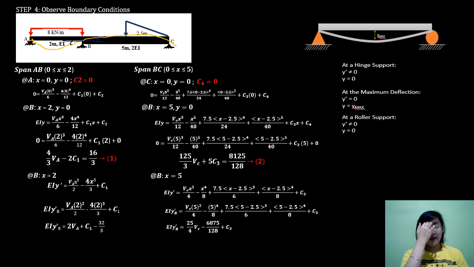So, we can equate the two equations that we formulated from the boundary condition, and we can have our third equation.